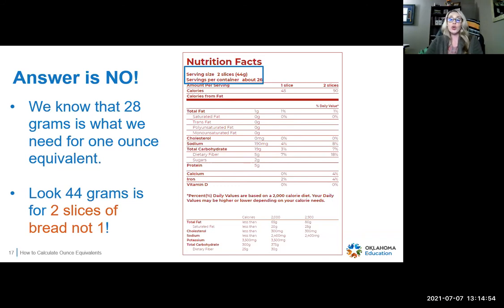Now, 1 ounce equivalent is required for 6 years of age and older, and you need 1/2 ounce equivalent for 5 and under, which would be 14 grams, half of 28. So one of those slices would be okay if you were serving it to the 5 and under that only need the 1/2 ounce equivalent.